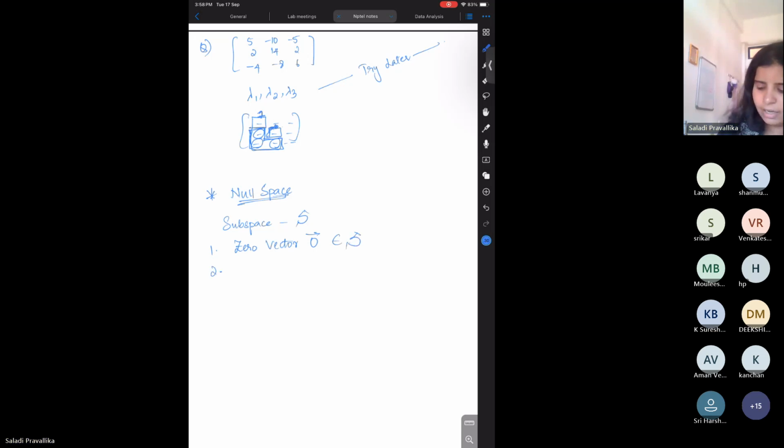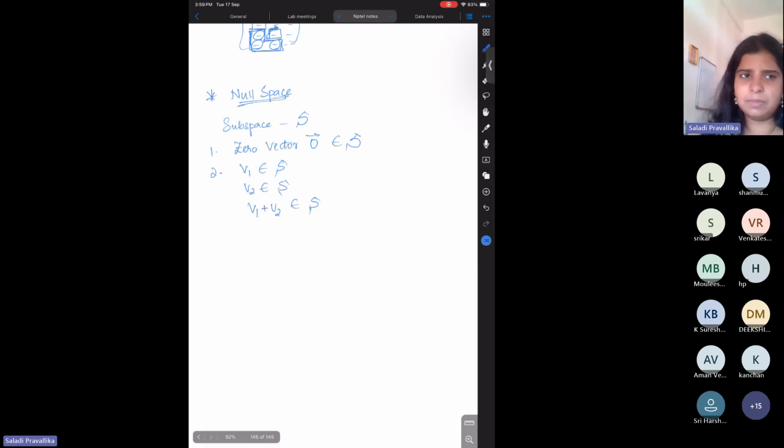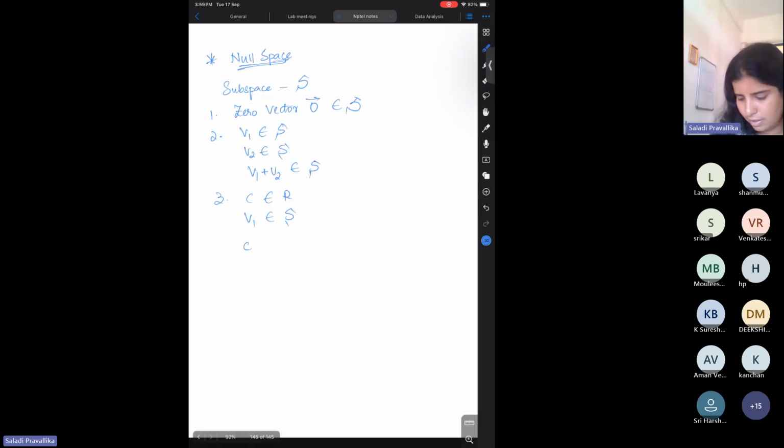If I have two vectors that both belong to this subspace, then their sum will also belong to that subspace. The other condition is that if C is a real number and V1 is from a subspace, then C times V1 belongs to the subspace only.